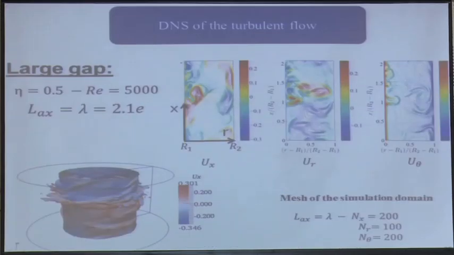So this is the type of information that you can get. In terms of flow, we have access to all the flow structures. You see the vortices, these are snapshots of vertical planes, and you see everything. You see the vortices, you see the intensity of the vortices, and this is evolving along the azimuthal direction, and this is evolving in time.